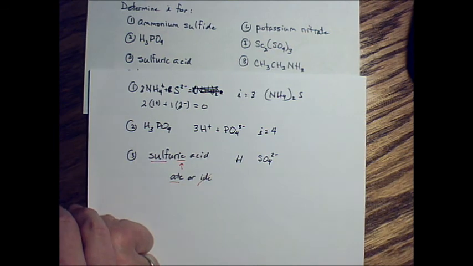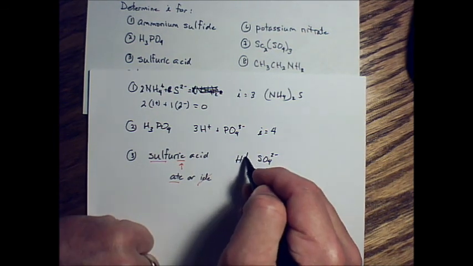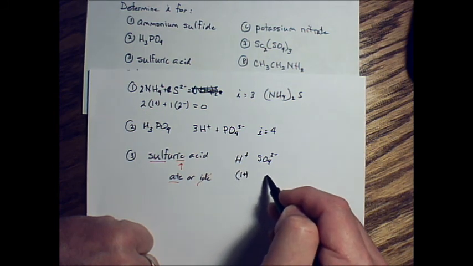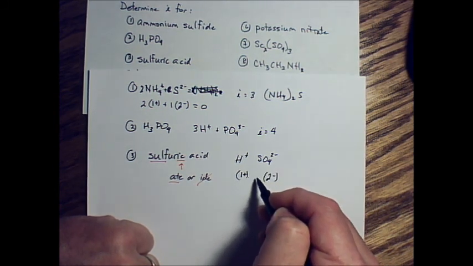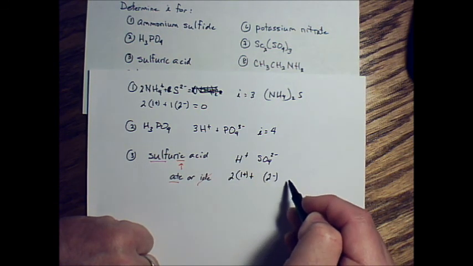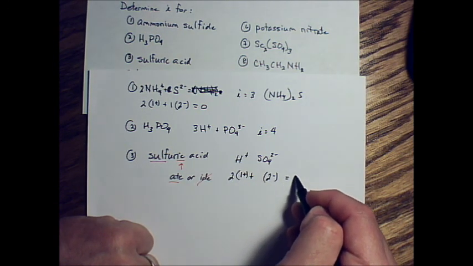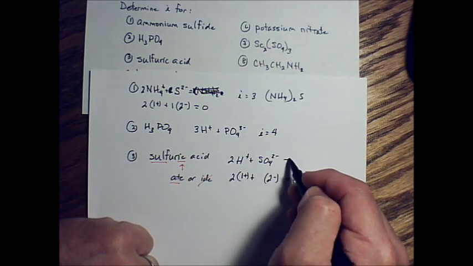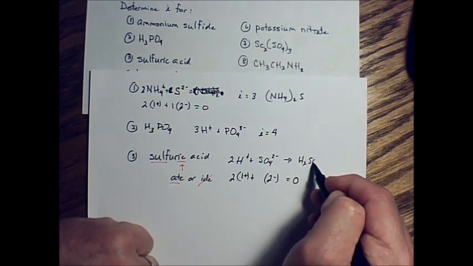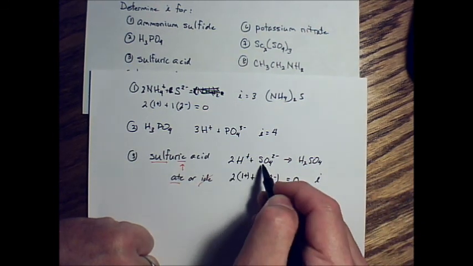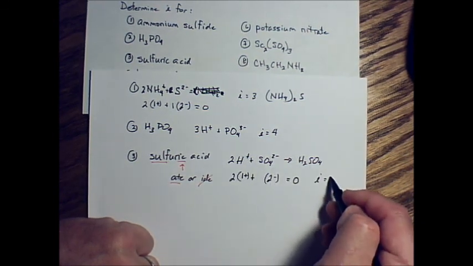What charge do you put on an H in an acid? Plus. How many H pluses am I going to need? I'm going to need 2 of these to balance this 2 negative, so the compound itself has a 0 charge. So there I equals 1, 2, 3. Okay?